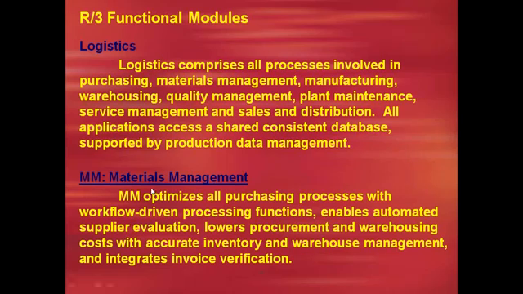Now here we'll take the first functional module, materials management. We call it MM. Where does this module start and where does it end? This module deals with identifying the requirement of the materials. Once we identify the requirement, we need to find the source of supply, or vendors available in the market.